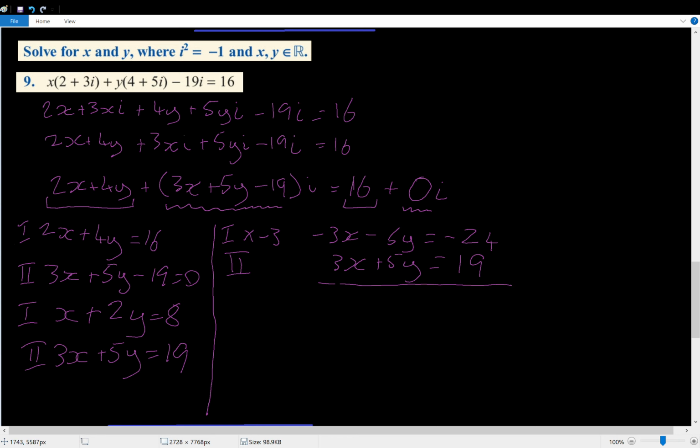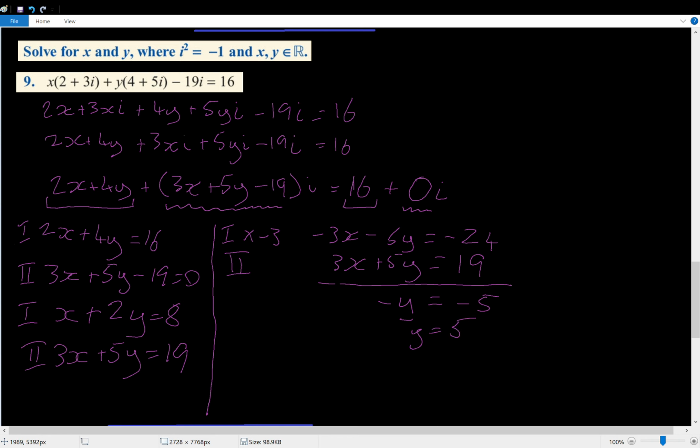And we sum these down. Minus 3x plus 3x is 0. Minus 6y plus 5y is minus y. And minus 24 plus 19 is minus 5. So minus y equals minus 5, so y is equal to 5.